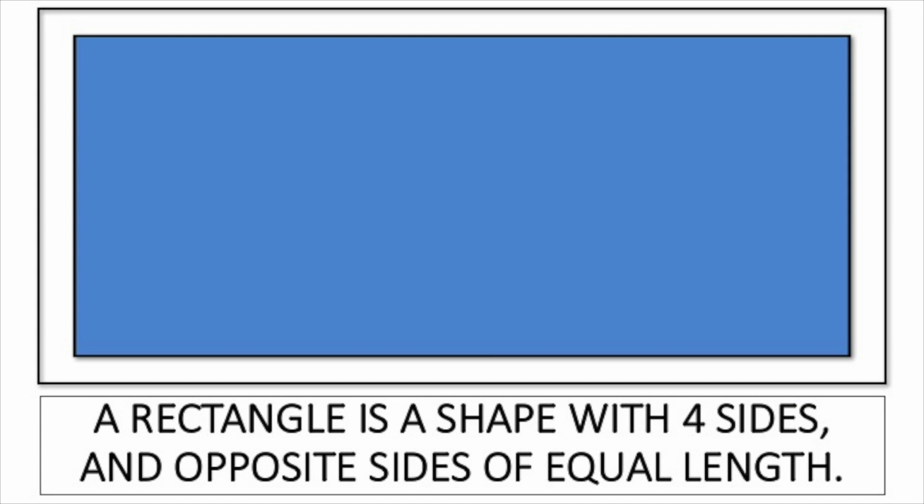A rectangle is a shape with 4 sides and opposite sides of equal length. So we've learned about the rectangles already and how to work out their perimeter. Length plus width times by 2.